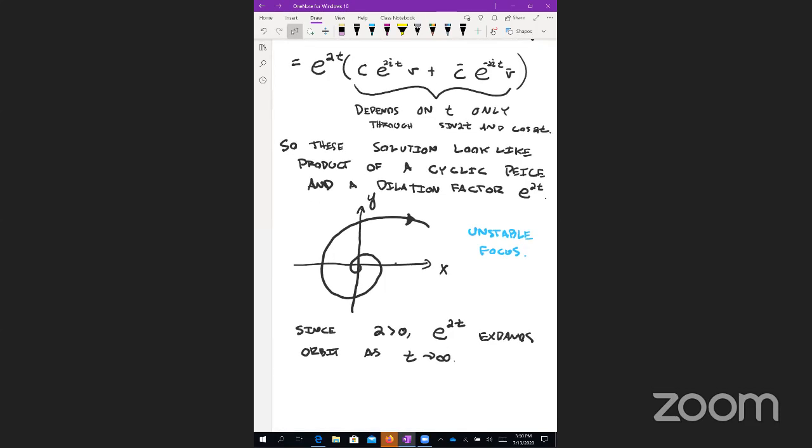So the final basic behavior, actually, let me see what the criteria is. So for an eigenvalue lambda equal to a plus ib, if a is greater than 0, then the origin is an unstable focus.